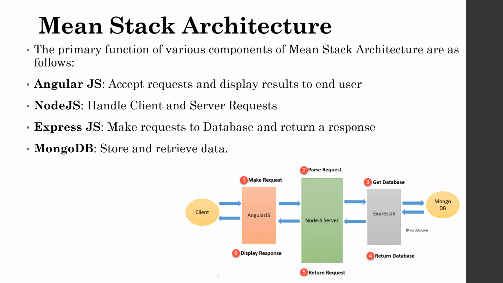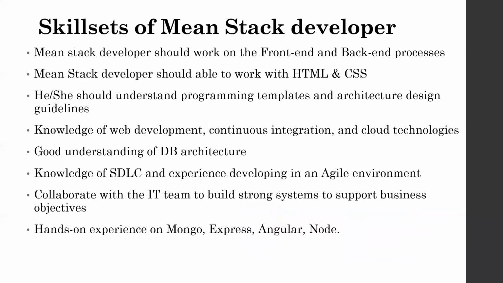After fetching the information, it is going to match. If it is matched, it allows the user to log in. Then Express.js returns the response, and that particular response is displayed to the client. In this way, it works.